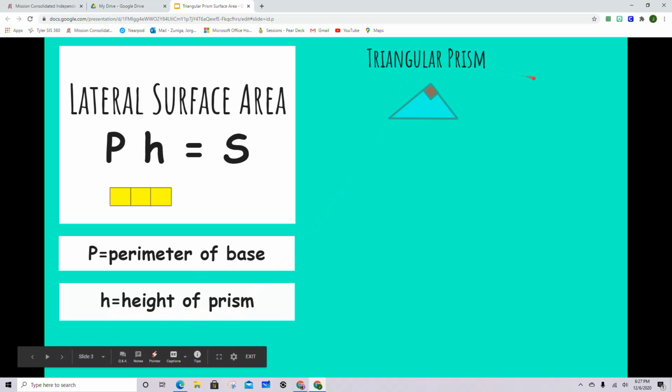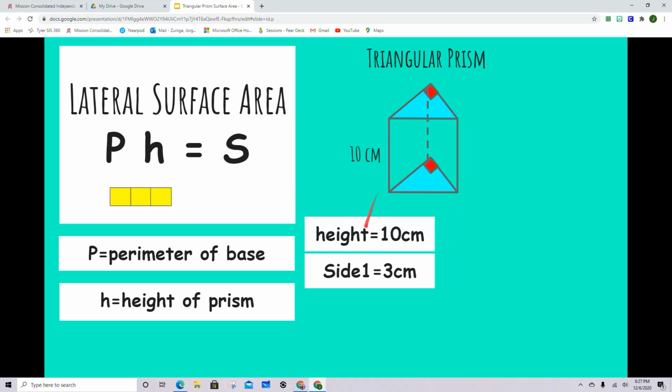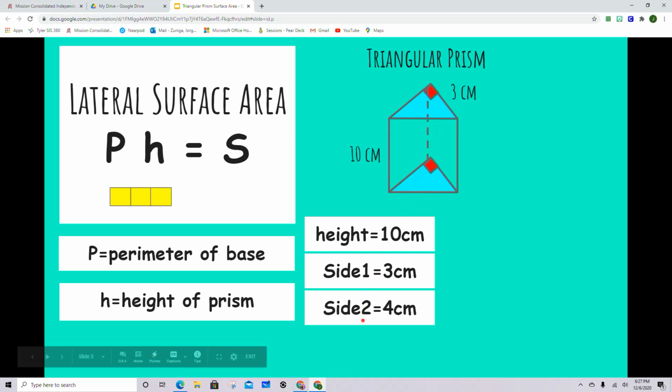So here's a triangular prism. The two bases are opposite from each other. The bases are also connected by the height. So the height of this prism is 10 centimeters. The side length of the base of one of the sides is 3. Side 2 would be 4.